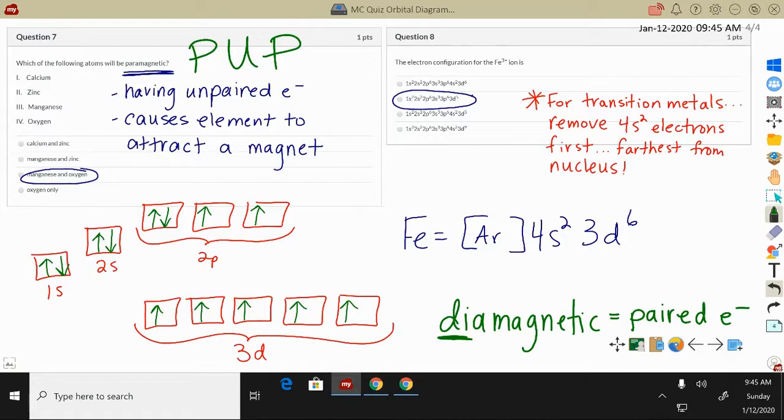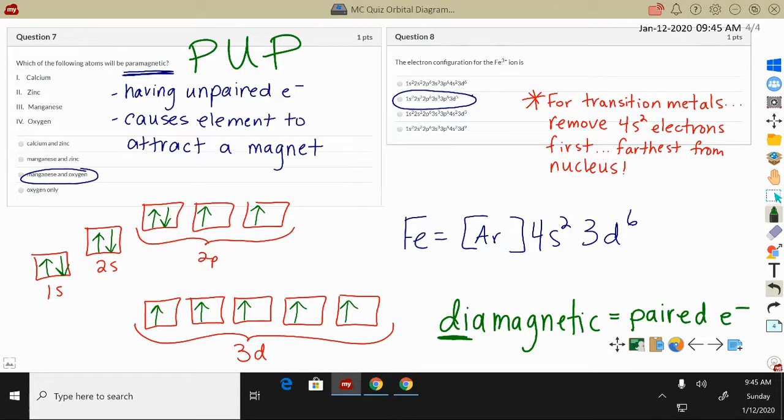And finally, question 8. This was probably the one that was missed the most. And I think we're on the right track, that we can do the electron configuration of an iron atom. And most of us knew that +3 means to lose 3 electrons. But the rule for transition metals is that the electrons you lose first are the electrons that are farthest from the nucleus.